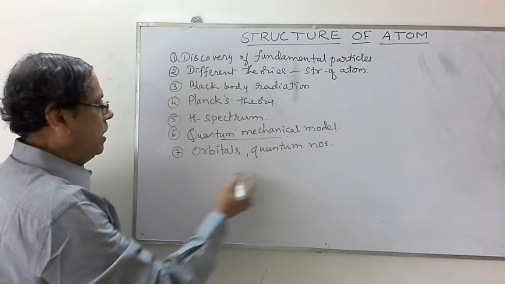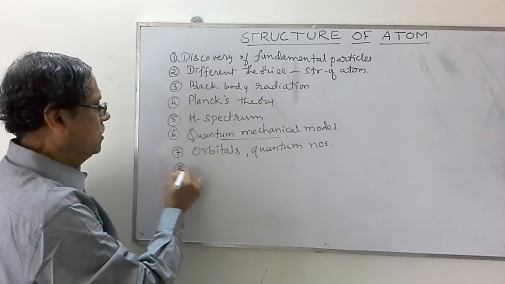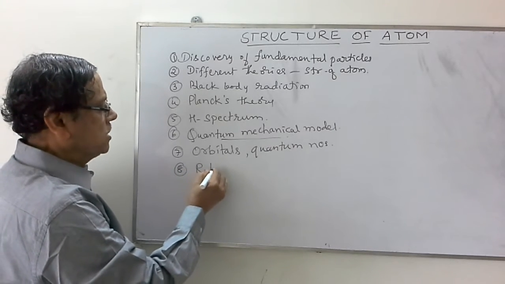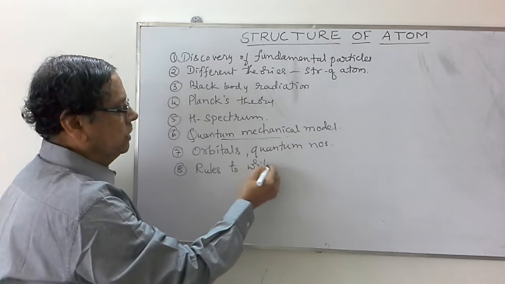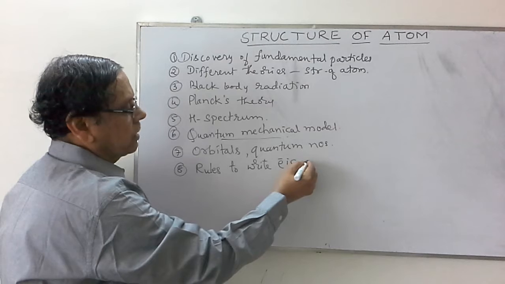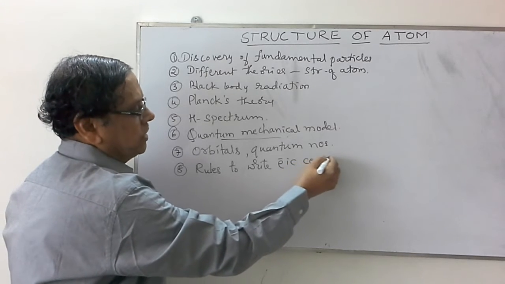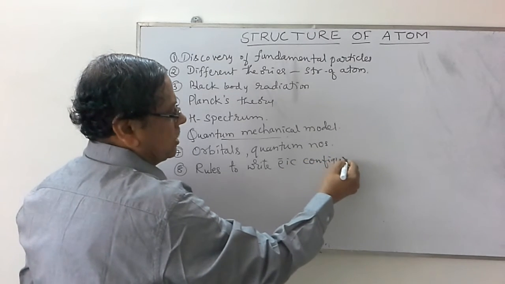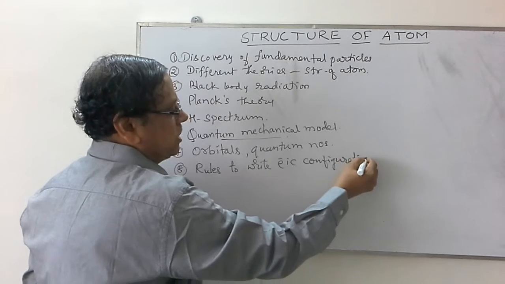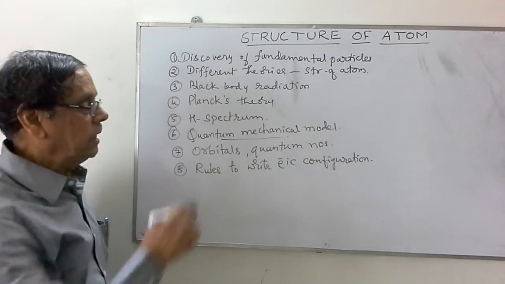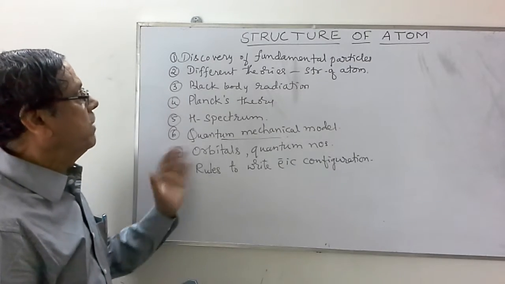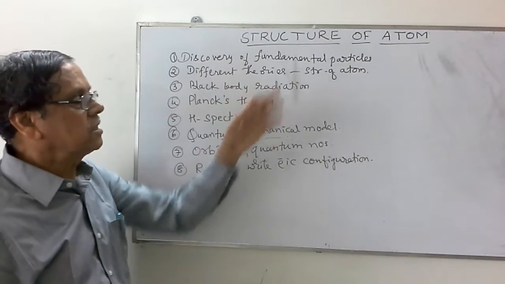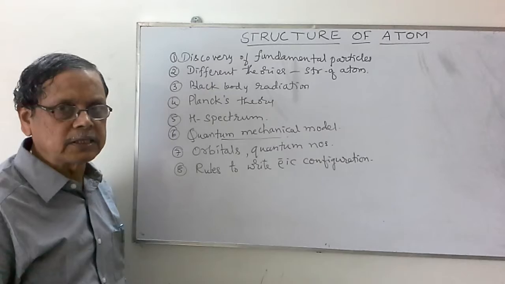Then while using these quantum numbers, we study various rules to write the electronic configuration. So these are the topics that we study in this particular chapter, that is the structure of atom. So let us take one by one. First let us take this discovery of the fundamental particles.